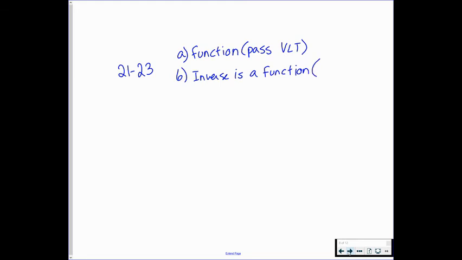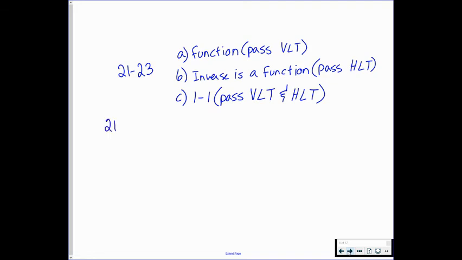The test we used to determine that was the horizontal line test. And then part C, we're going to determine if the function is 1 to 1. That means that the function passes the vertical line test and the horizontal line test. It must pass both tests in order for the function to be 1 to 1.